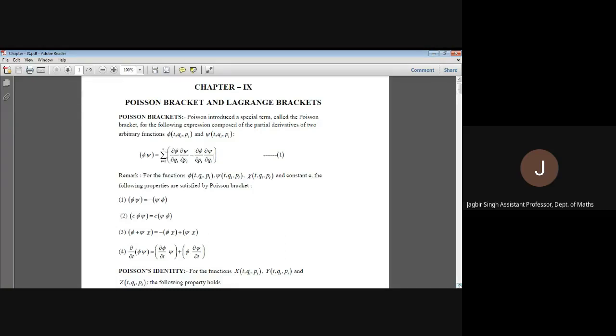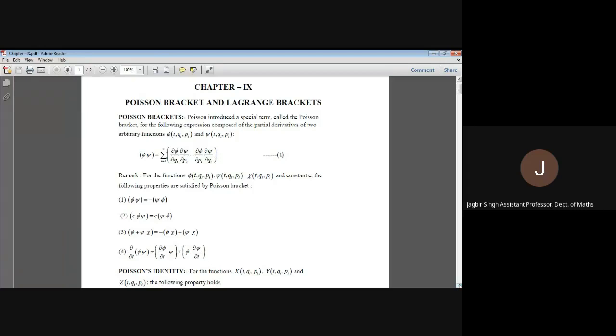The second property states that the first function is cφ and the second function is ψ. So the Poisson bracket [cφ, ψ] will be equal to the constant taken as the common part, c times the Poisson bracket [φ, ψ]. So in the definition, replace φ with cφ. On the right hand side it will be ∂(cφ)/∂qi ∂ψ/∂pi, and then ∂(cφ)/∂pi ∂ψ/∂qi.